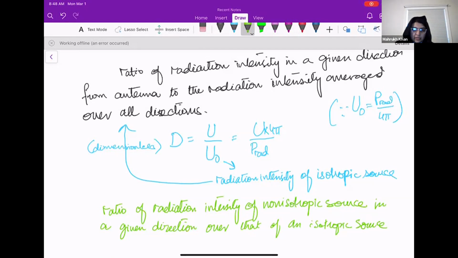You know the radiation intensity of an isotropic source is like a sphere, right? The radiation intensity of any non-isotropic source, which has some direction, will be different from the isotropic source. That ratio gives us the directivity. We will see an example of how to calculate it.